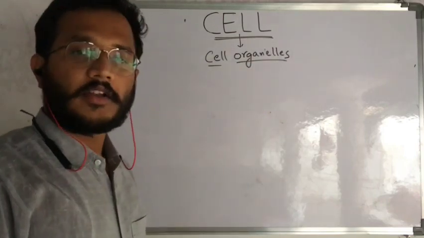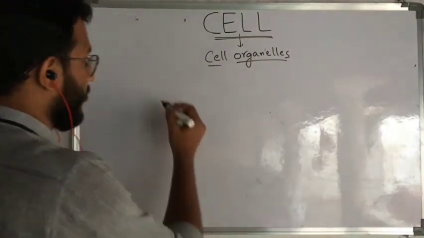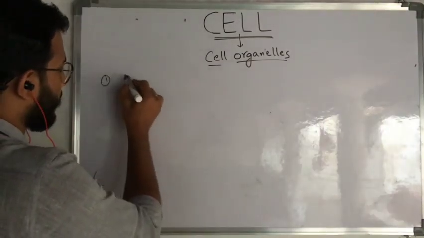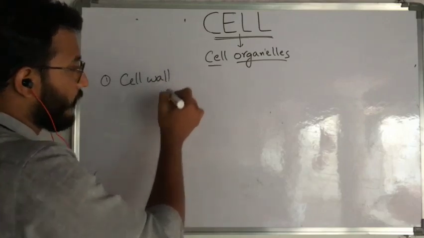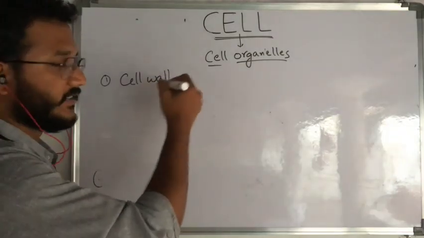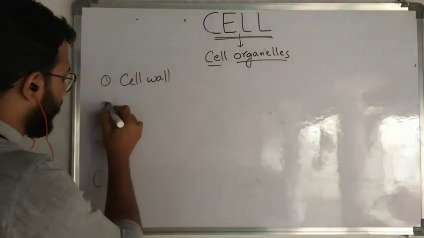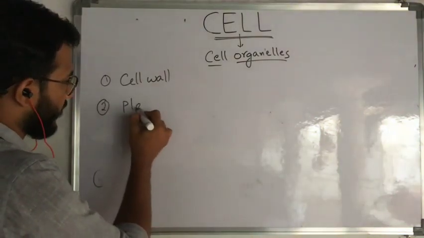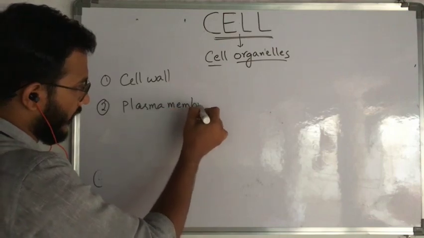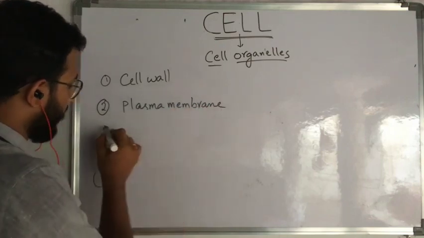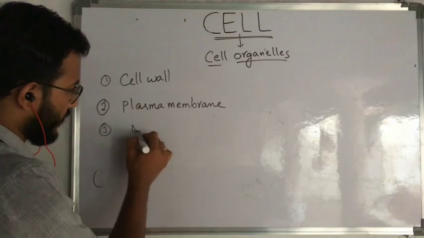So what are the cell organelles present inside the cell? If you are taking the plant cell from outer to inner, first of all we can see the cell wall. Second, we can see the plasma membrane. And the third most important is the nucleus.